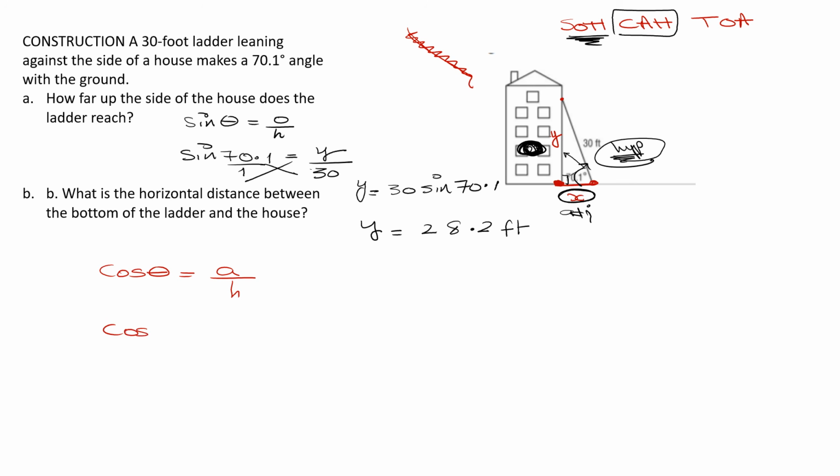Theta is given to us as 70.1, adjacent we don't know, and hypotenuse is 30. Cross multiply and we get x equals 30 times cosine 70.1. Write it in the calculator and we get x equals 10.21, or 10.2 feet. So this is how we determine our x and y values.